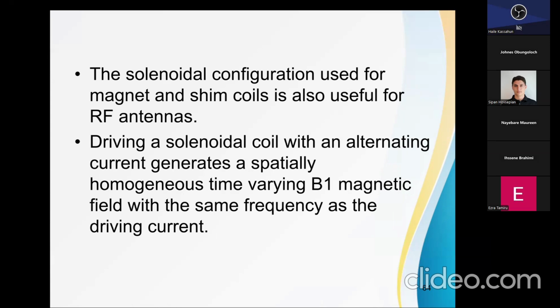So if you need to generate a magnetic field at 128 megahertz, then you need a current source which will also run at 128 megahertz. So you start to realize that some of those current sources start to become a little bit pricey with time because of their special applications.